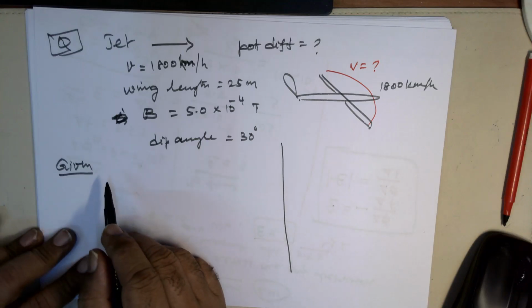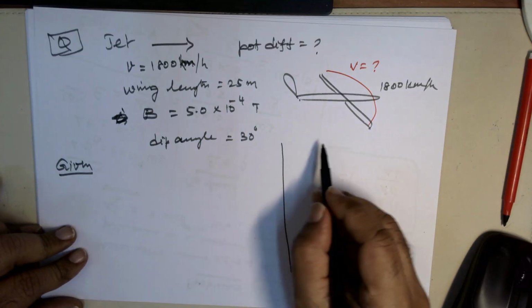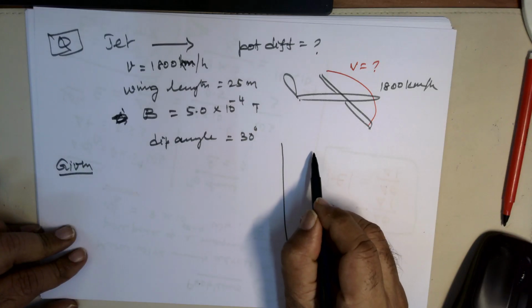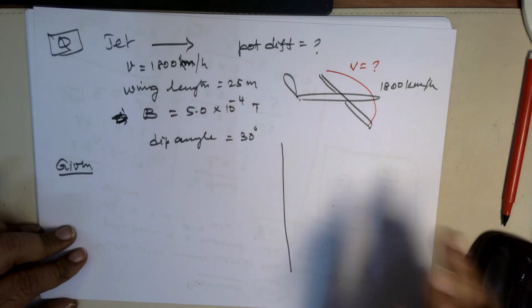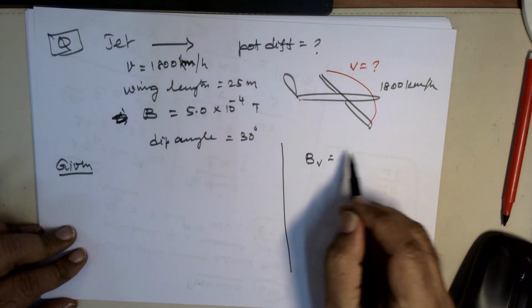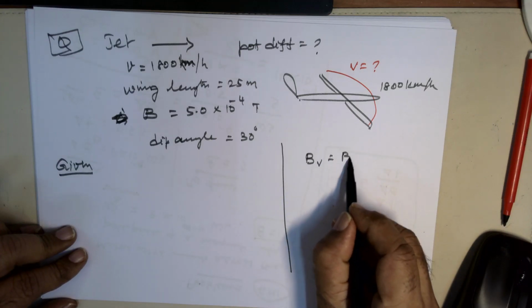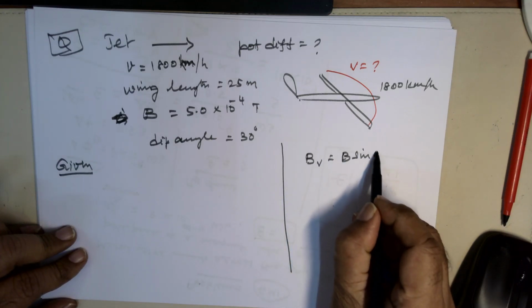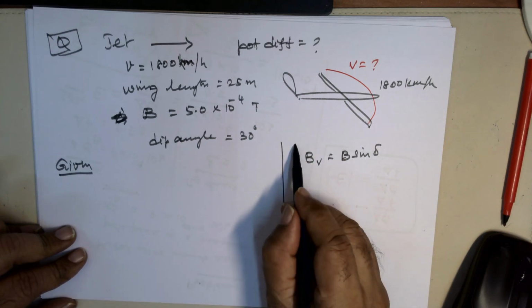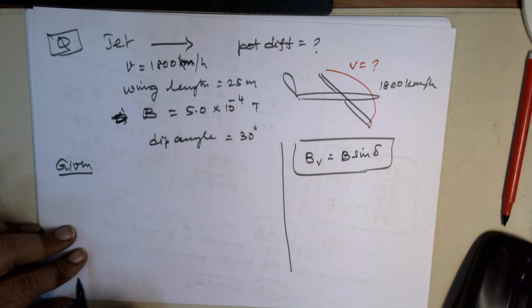Now listen, we have got the vertical component, so BV is equal to B sine delta, where delta is the dip angle. Note down this point.